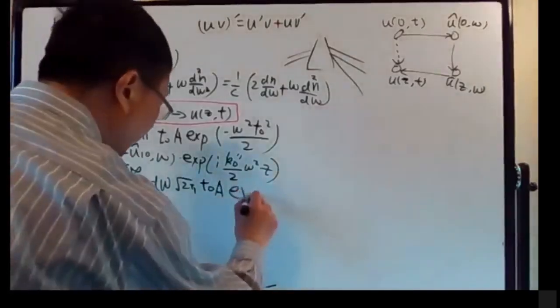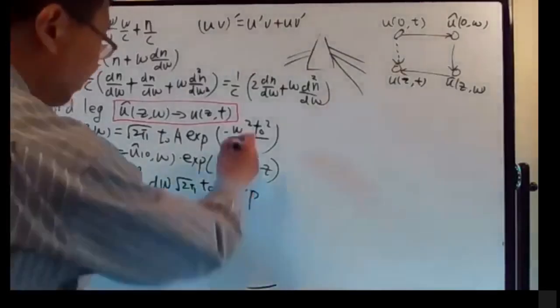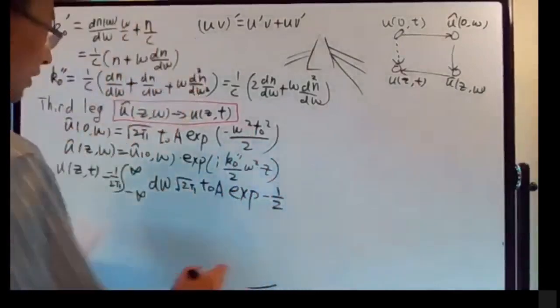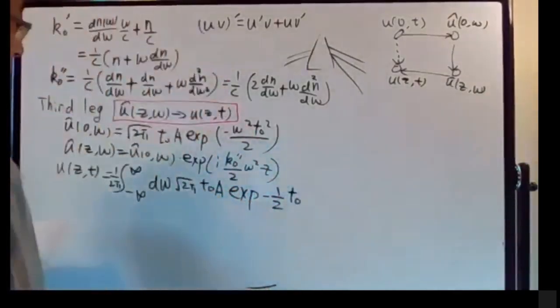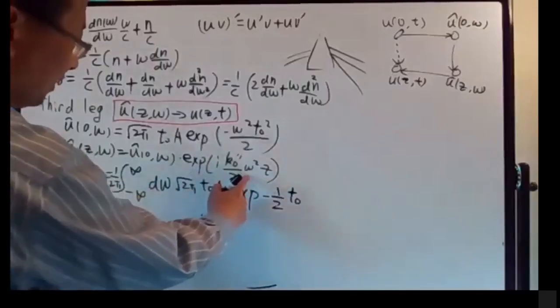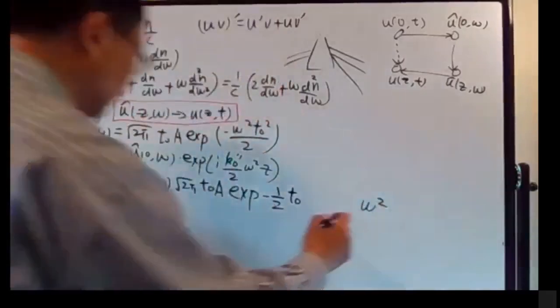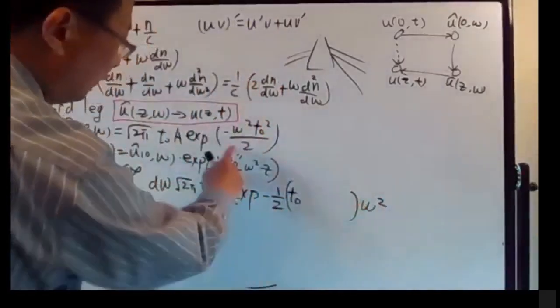So we have exponential negative half, T naught, and the omega naught here too. So it's T naught omega naught over 2.